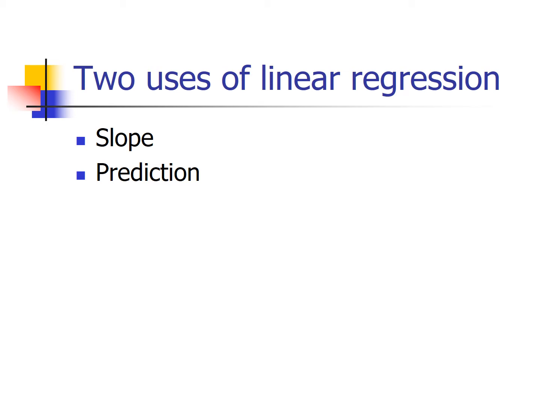We might know that there is a positive or negative relationship between x and y, thanks to perhaps the correlation. A positive correlation would say that as x increases, y tends to increase also. The slope goes a little deeper. It says, by how much do we expect it to increase? Or decrease in the case of a negative slope.